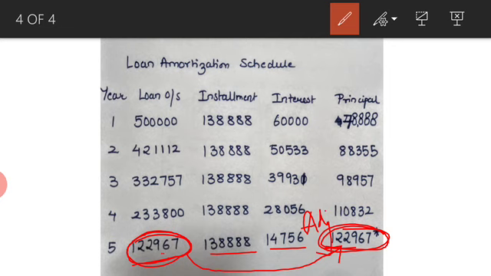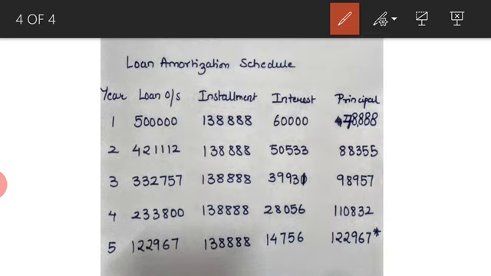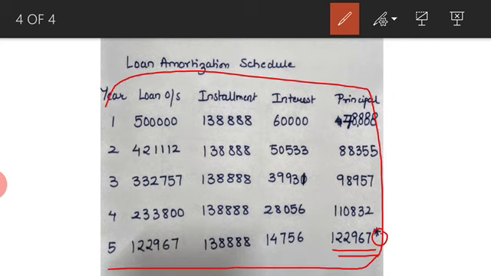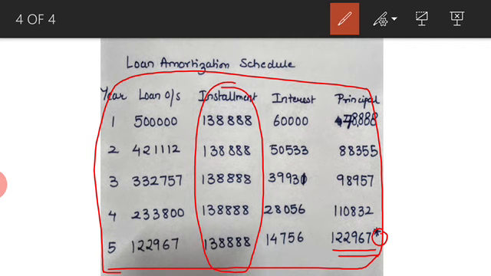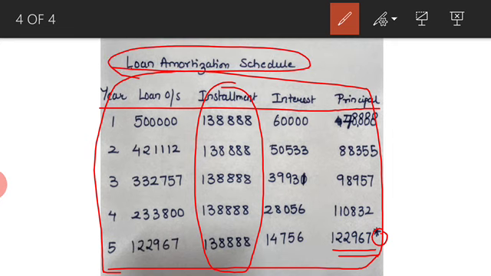Okay, and that is the reason, if you see, I have put a star over here, because it represents an adjustment. I hope you're clear with this loan amortization schedule. Okay, this normally comes for 10 marks. So it includes calculation of installment first using the formula, and then preparing this entire schedule, that is the loan amortization schedule. I hope you're clear with this entire process of loan amortization schedule.